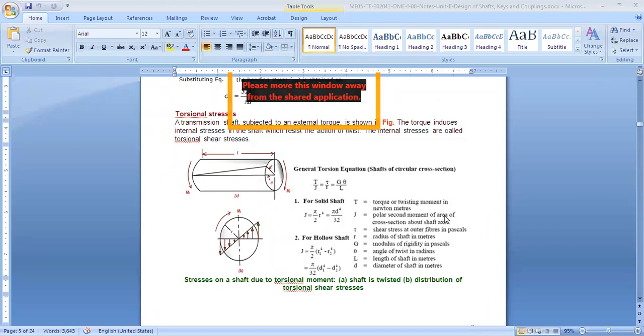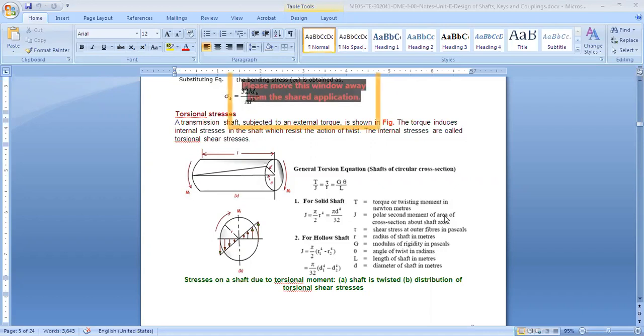If you take a look at this equation, we used the first 2 parts, T upon J is equal to tau upon R. Using this, we found the shear stress in the shaft because of the twisting.